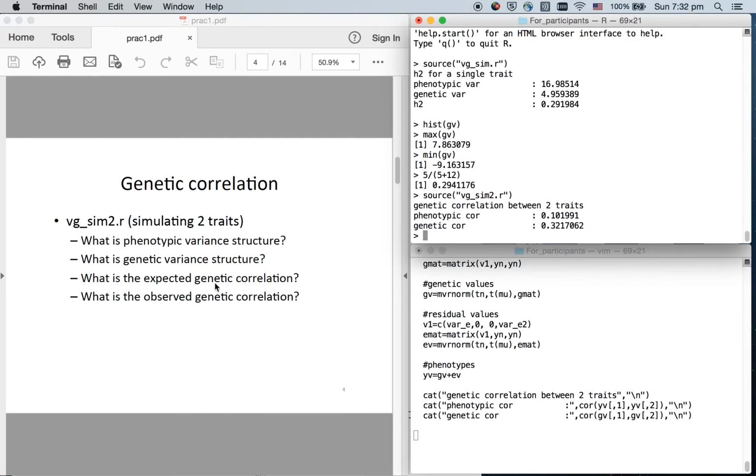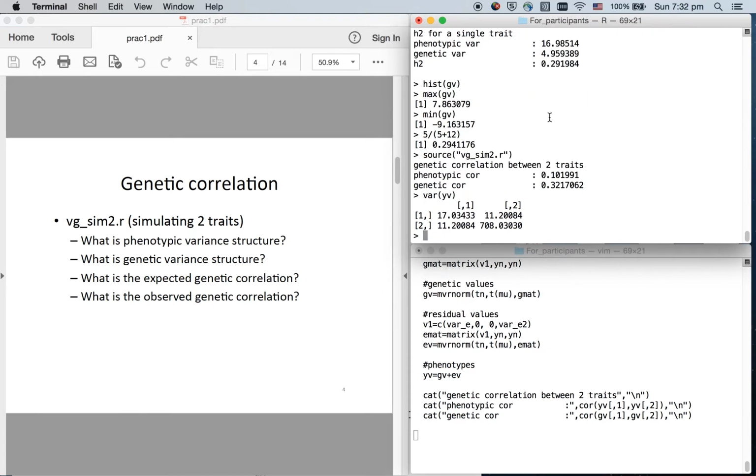And what is expected genetic correlation? And what is observed genetic correlation? You can also have a look at the actual value. This is a function that gives the structure for the value. This is the phenotypic variance structure, right?